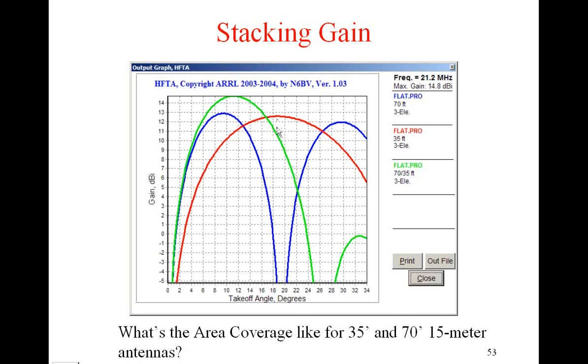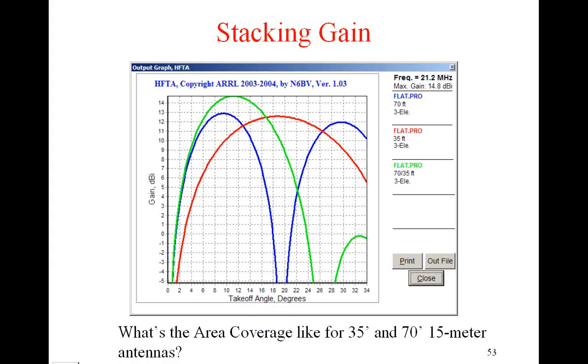So if you take a look at the 70-foot high antenna, the energy at these higher angles is being squished over towards the left to add into the stack. So the low angles are set by the top antenna. The high angles are set by the lower antenna in a stack.